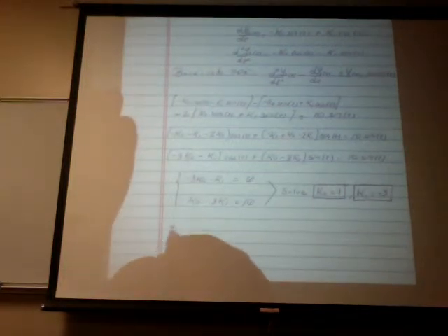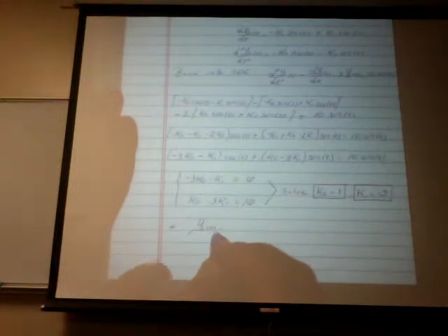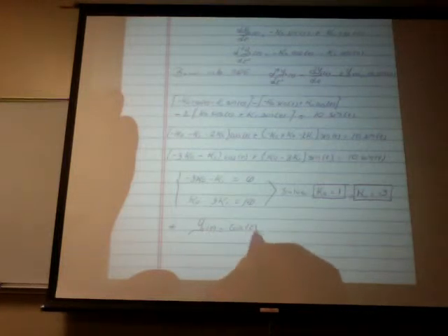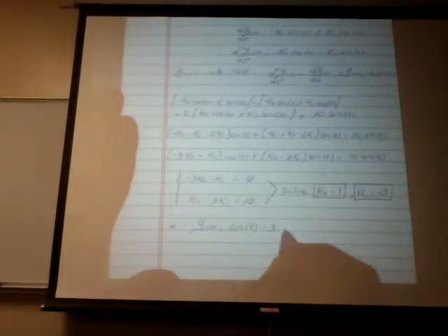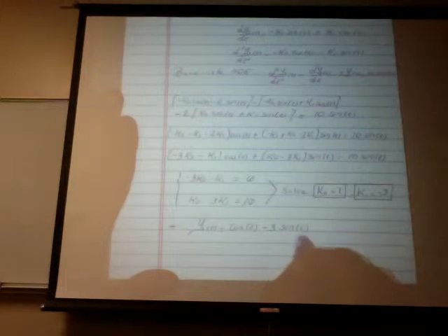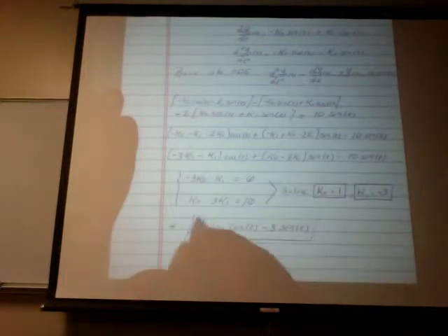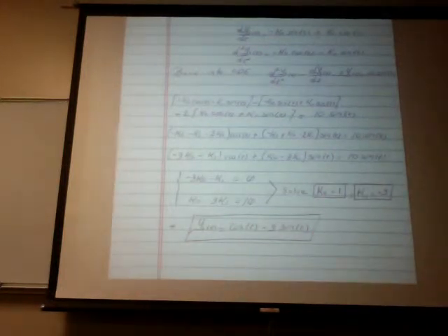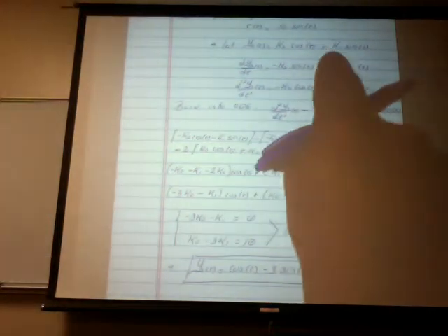And therefore, ys of t is equal to k0, which is 1, so cosine of t minus 3 sine of t. Because that's what we selected. Ys of t is k0 cosine t plus k1 sine t.